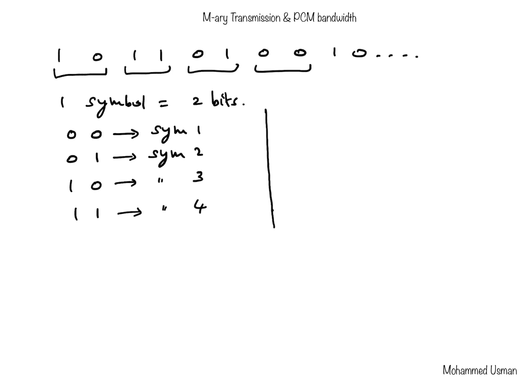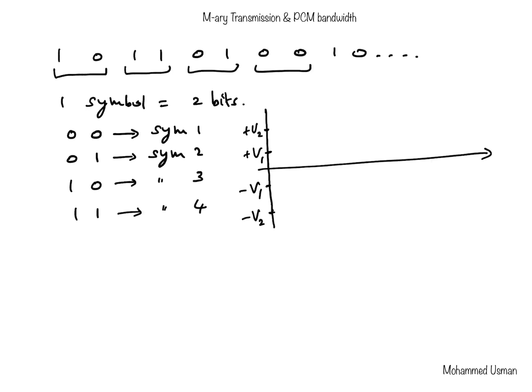So if we had to map these onto some waveform, let's say we have 4 possible voltage levels: plus V1, plus V2, minus V1, and minus V2.